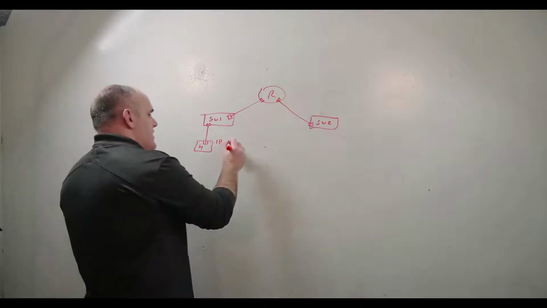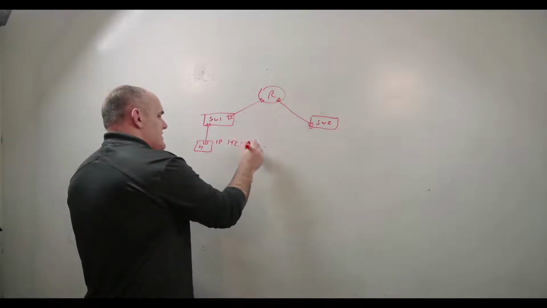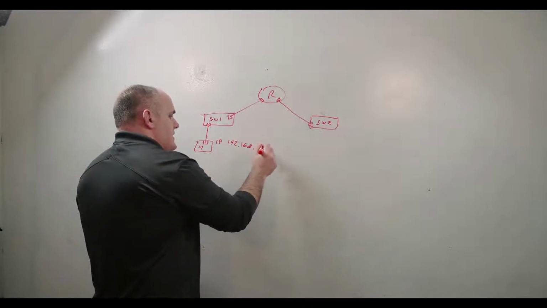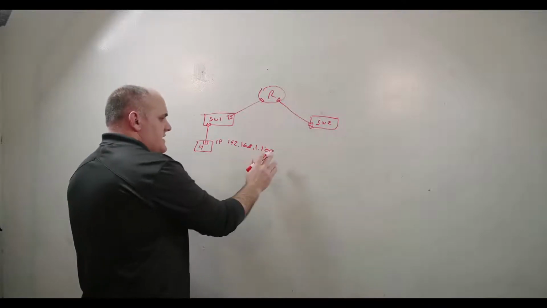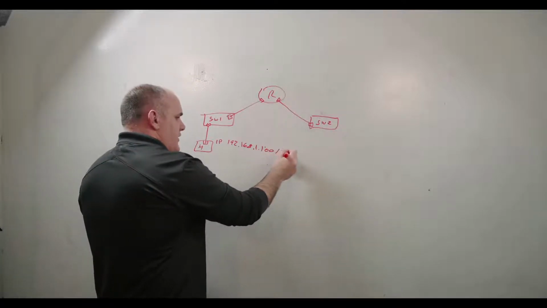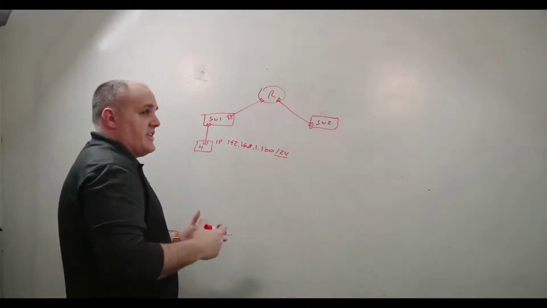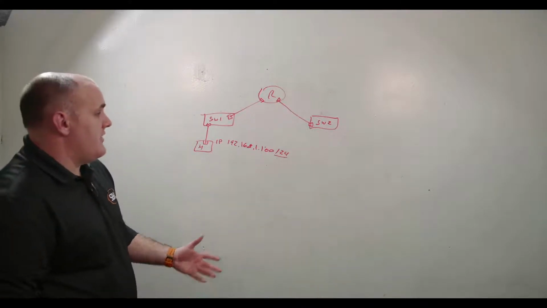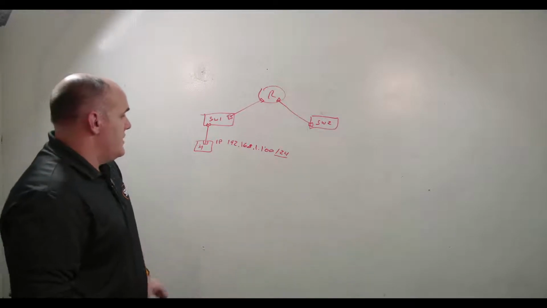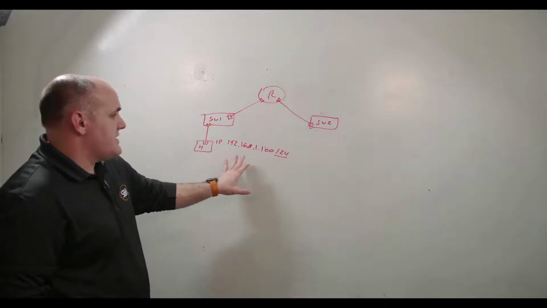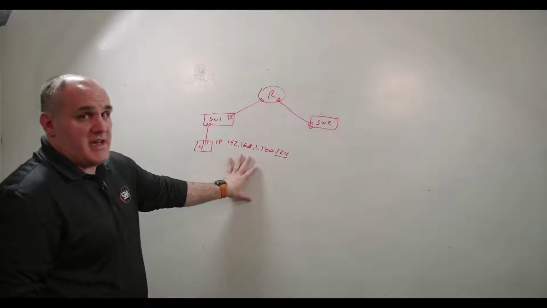So if you see 192.168.1.100, that is an IP address, and if we do a /24, this dictates which portion of this address belongs to the network and which portion of it can belong to hosts. So each host can have an address in an IP address range.